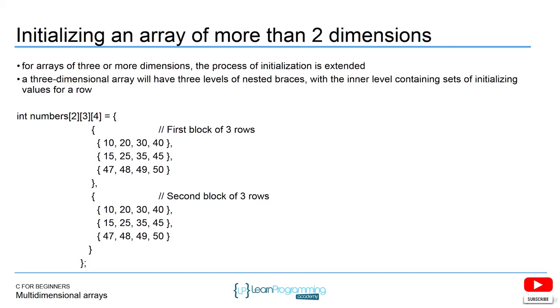And then the second block is going to initialize the next 3 rows. But the third and the fourth blocks are not going to be initialized. If you wanted to initialize the third and the fourth blocks, you'd have more inner curly brackets, and so forth. Same thing applies though for the ones that you do not initialize. They will be initialized to 0. But again, you can see how it gets very tedious and also very hard to follow.